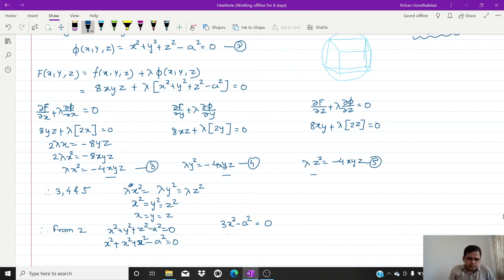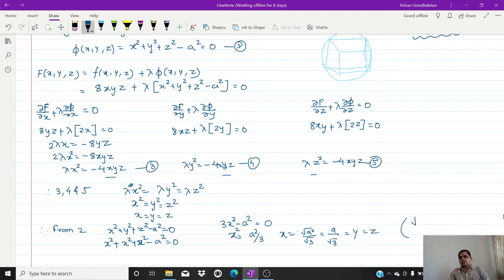So x square is equal to a square upon 3. Therefore x is equal to a by root 3. Same for y and same for z.